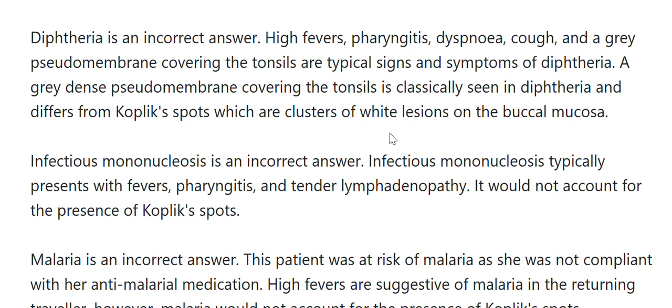It presents with high fevers, pharyngitis, dyspnea, cough, and a grey pseudomembrane covering the tonsils. A grey dense pseudomembrane covering the tonsils is classically seen in diphtheria.